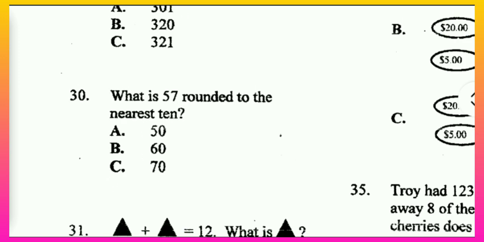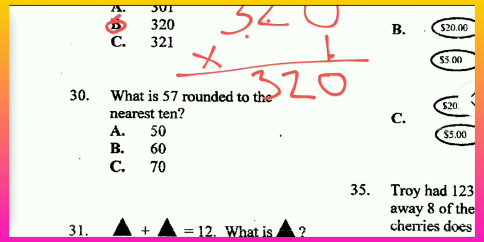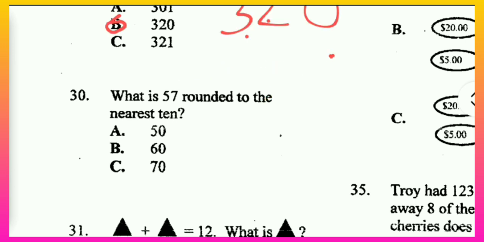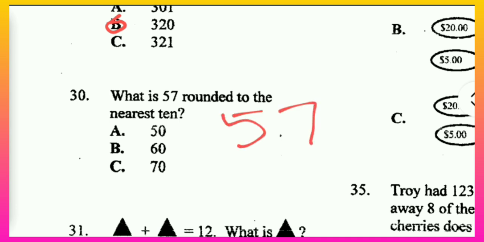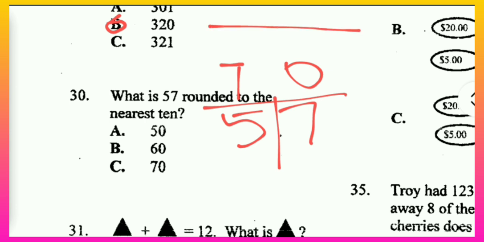What is 57 rounded to the nearest tens? So you have 57. Let me clean off some sections here. 57 to the nearest 10. Alright, so this is ones and this is tens. Now remember the rule, guys. You use 5 as your hallmark. So if you're working with ones, it would be the digit next to 5.